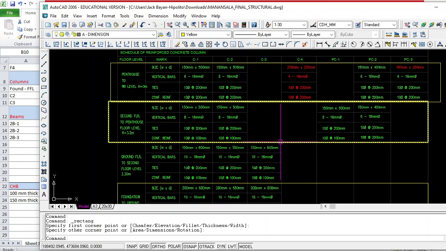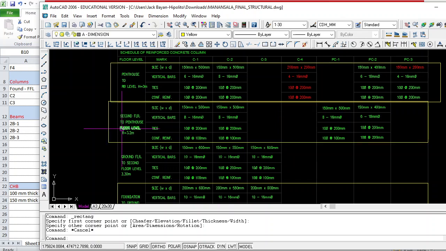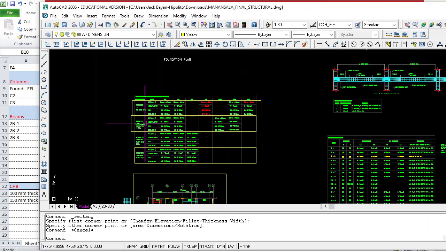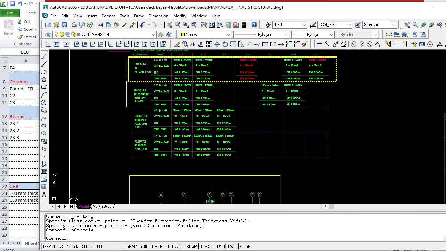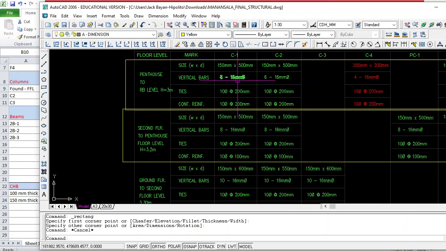Yan mga yan. Okay? So meaning, if you consider this, ano ang column involved? So you have here your column, C1 and C2. May combination.